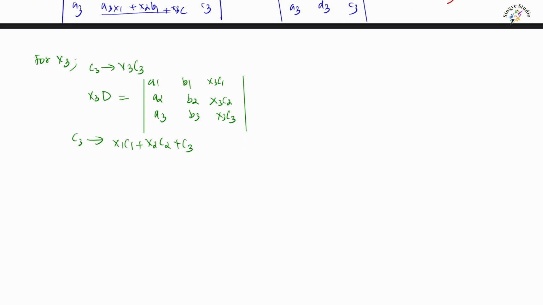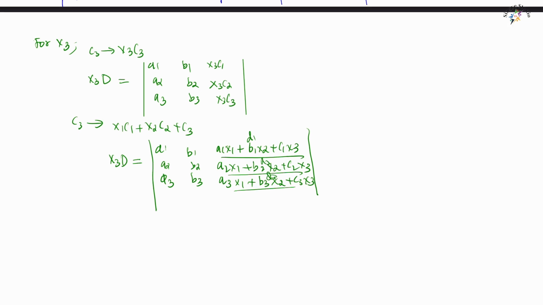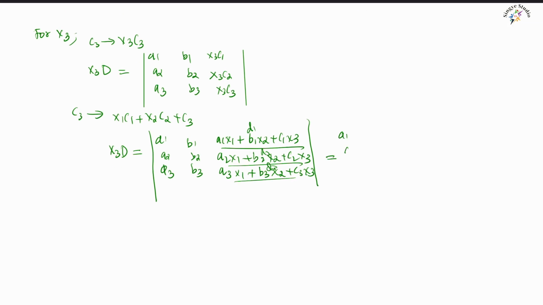So by doing this, I will get x3 D equals a1, a2, a3, b1, b2, b3, and here, if you observe carefully, these are d1, d2 and d3, okay? So it is just a1, a2, a3, b1, b2, b3 and d1, d2, d3. This is dx3, which means that this is the determinant in which the column containing the coefficient of x3 is replaced by this sum, d1, d2 and d3.